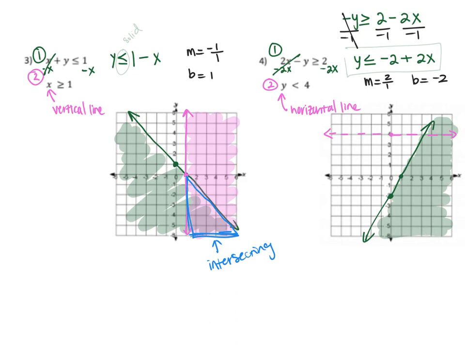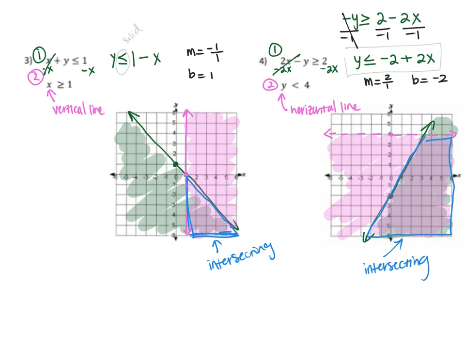So I'm going to shade below. And I'm looking and seeing where the colors intersect, and they seem to be intersecting right here. So that is where the two functions meet. So this is where they're intersecting, and that's it.